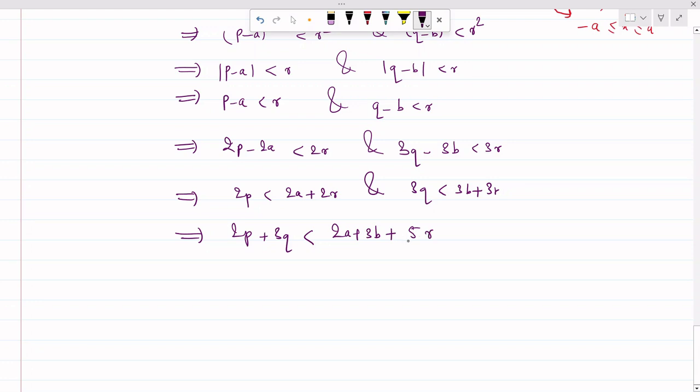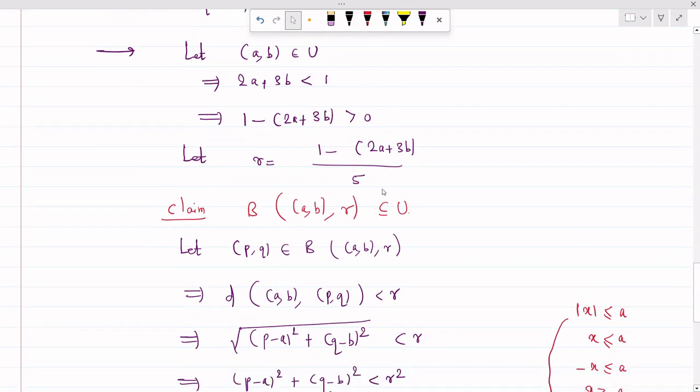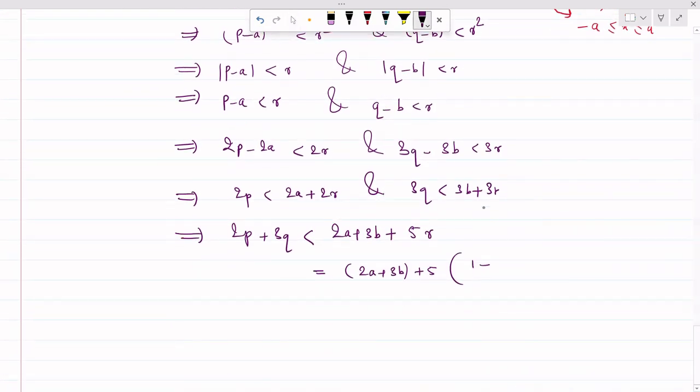Now you might have understood why we have taken 5 in the denominator of that r. So if we put the value of r here, this is 2a plus 3b plus 5 times (1 minus (2a plus 3b)) upon 5. So 5 will get cancelled, 2a plus 3b will get cancelled. So that is just 1.